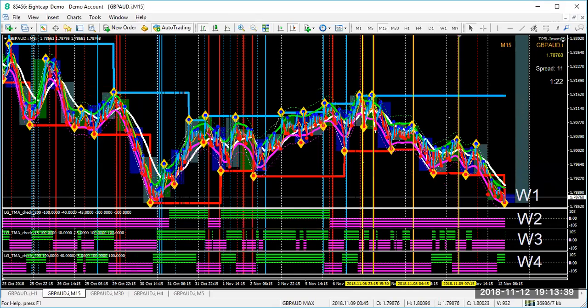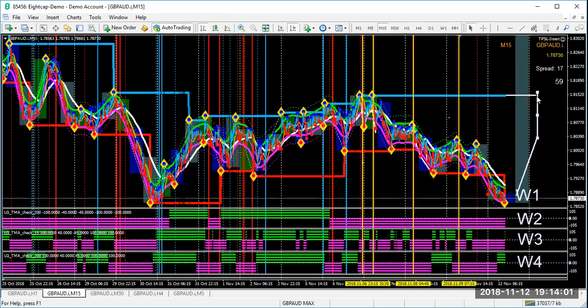Okay, so this is the sort of thing that might happen. The blue line might keep going until price comes up to a reasonable threshold, in which case the blue line will come down and meet it.